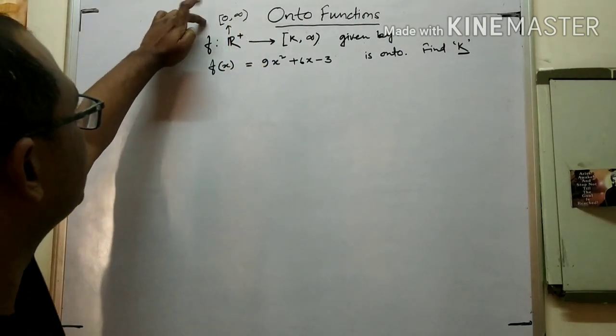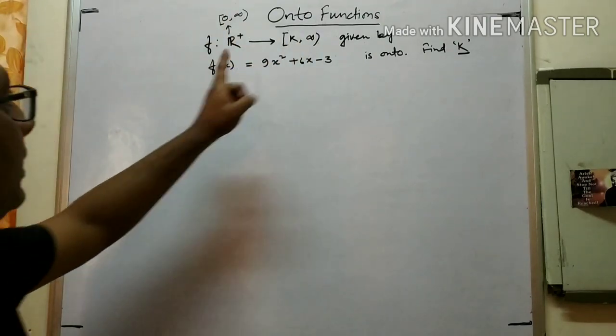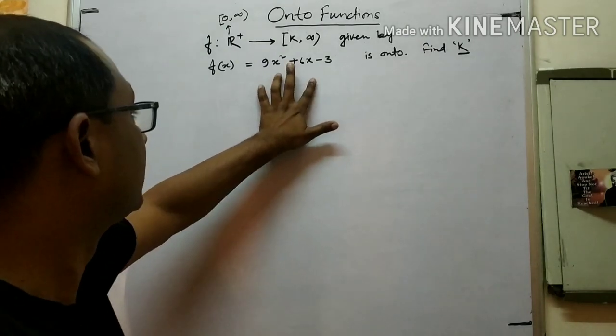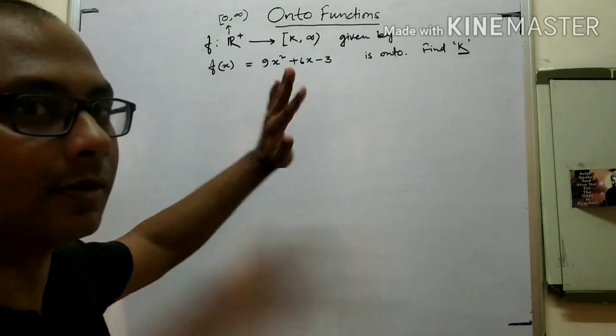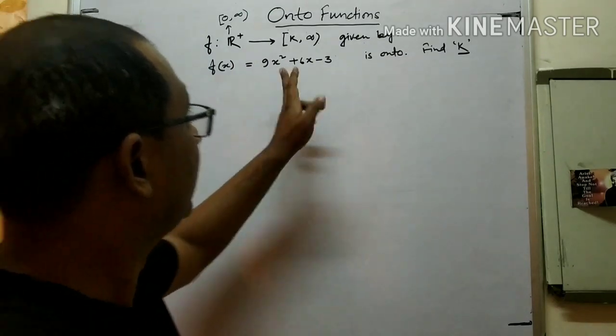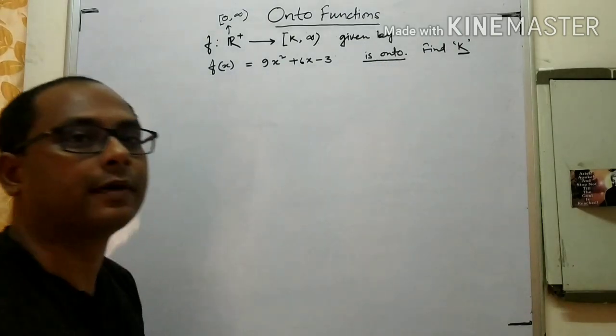It is running from 0 to infinity to k to infinity, given by f(x) = 9x² + 6x − 3. This is the definition of the function, how x and f(x) are related, and it is given to be onto. It is given that this function is onto, and we have to find the value of k.